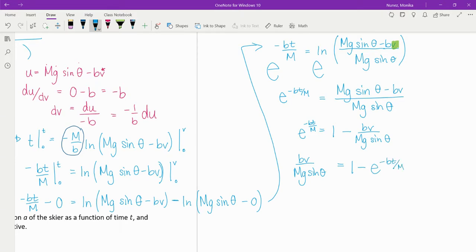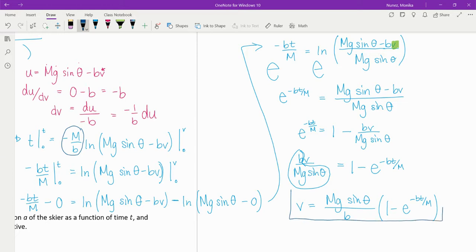And then lastly, I am going to multiply each side by the reciprocal of that constant to get v by itself. And you'll see that my final expression uses only the variables that I was told I was allowed to use in the problem. Now that was a ton of work to be able to solve this differential equation.